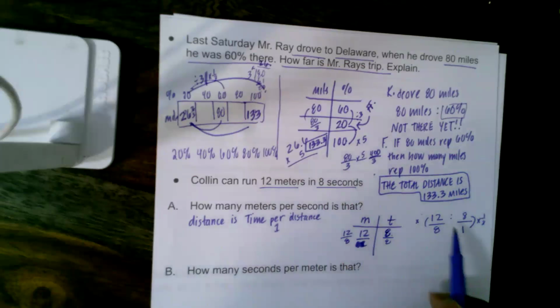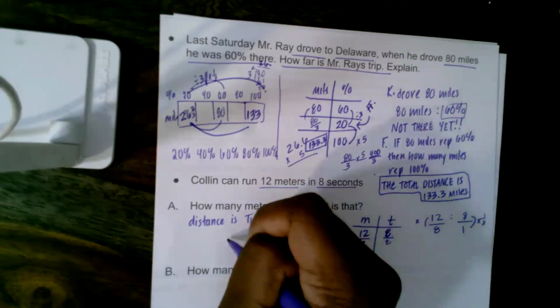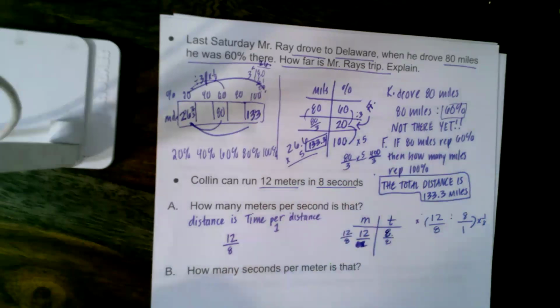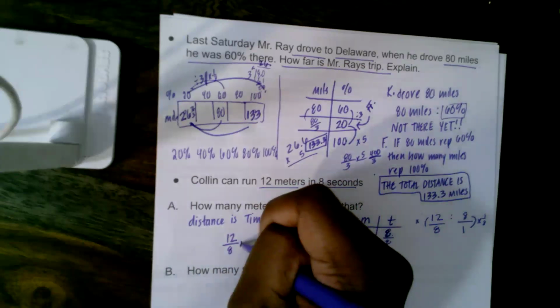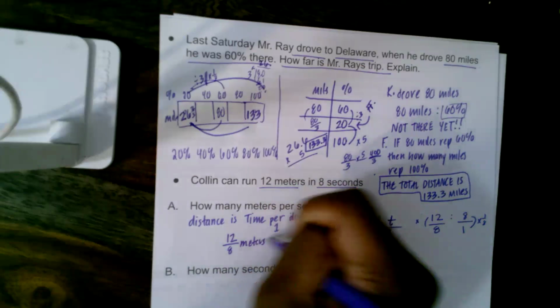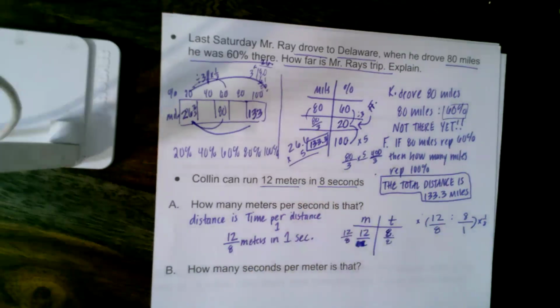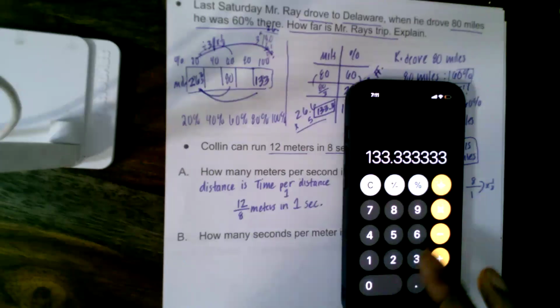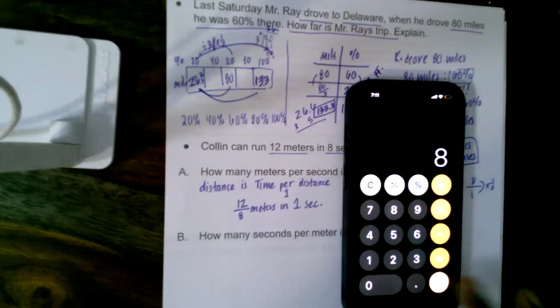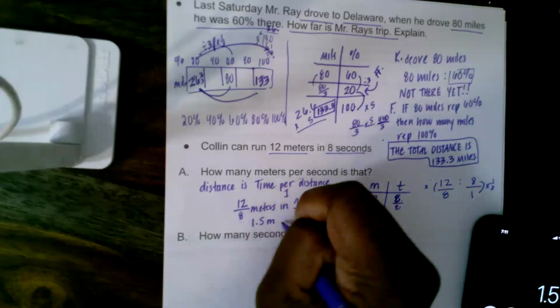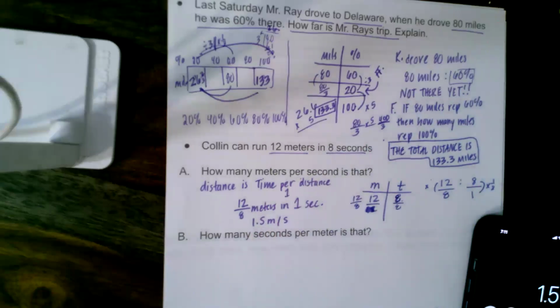So Colin can run 12 eighths meters in 1 second. And you could divide 12 eighths, which is about 1.5 meters per second.